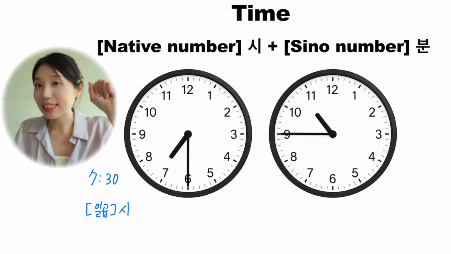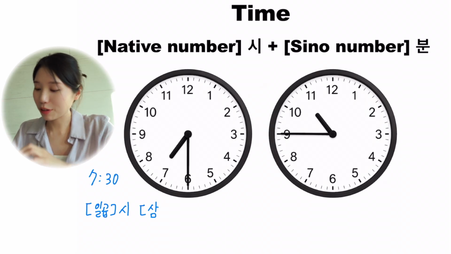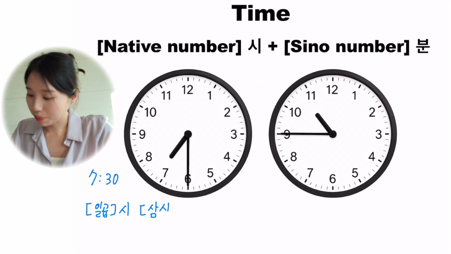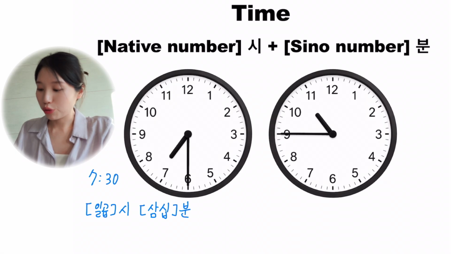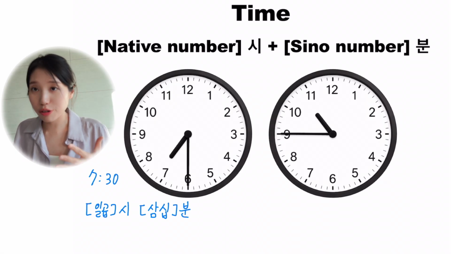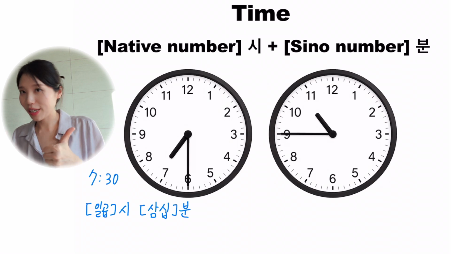And 30 in Sino Korean number, 3 tens, 30. The unit is 분. 7시 30분. And here there's no pronunciation change. Just 7시 30분. Okay? Good, good.